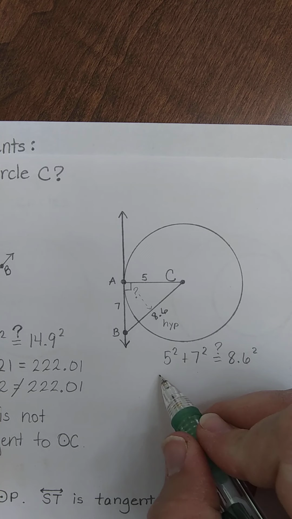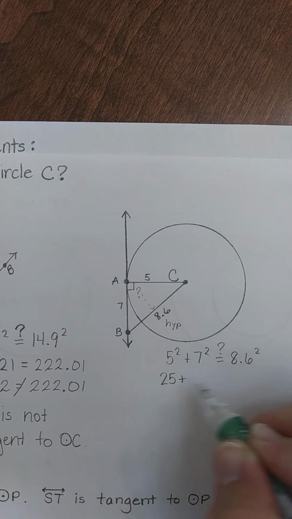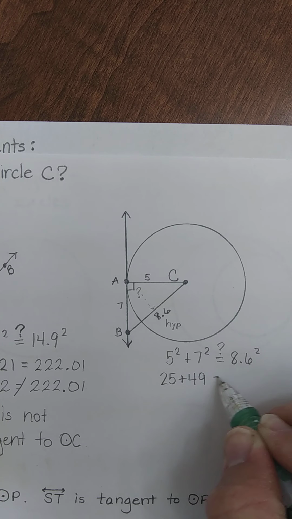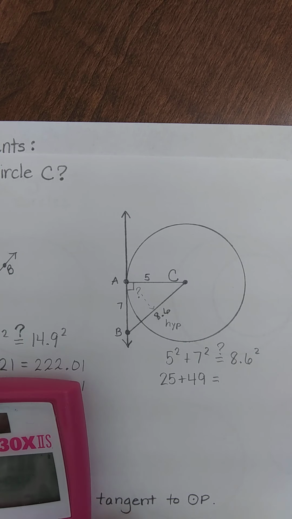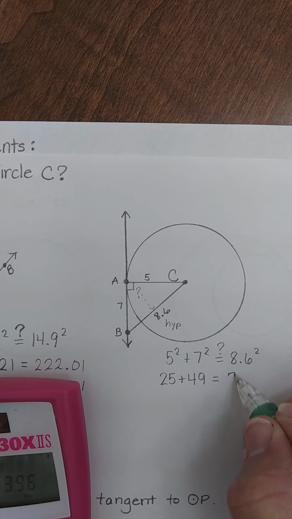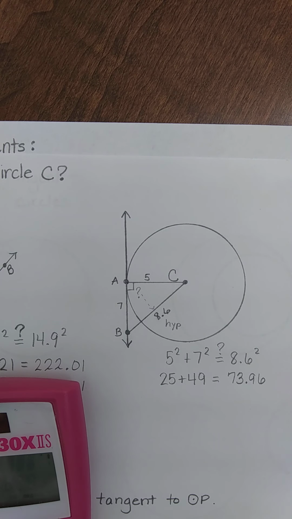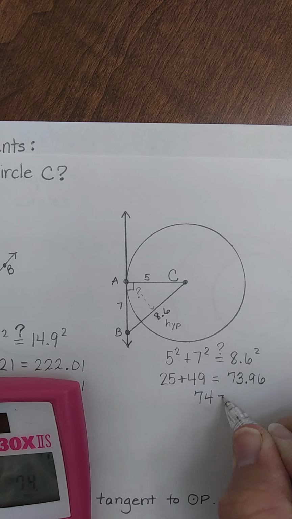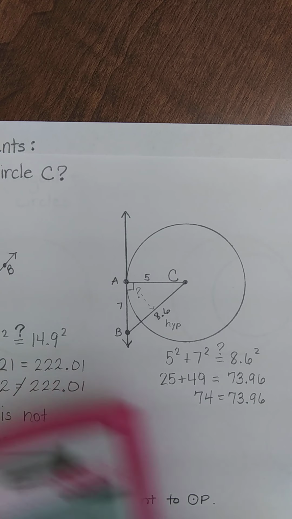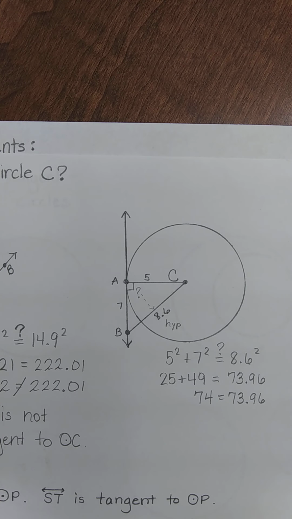Are they equal? So 5² is 25. 7² is 49. I don't know 8.6², so we're going to grab that calculator again. And we get 73.96. Then we're going to add 25 and 49, and we get 74, equaling 73.96. Now, I'd be a lot happier if those were actually the exact same number.